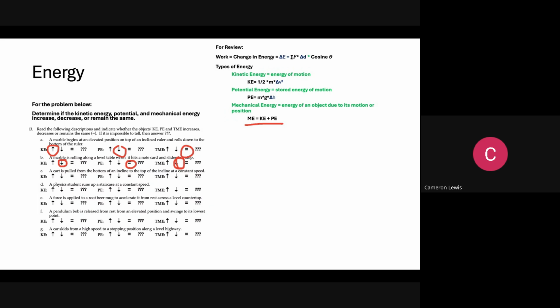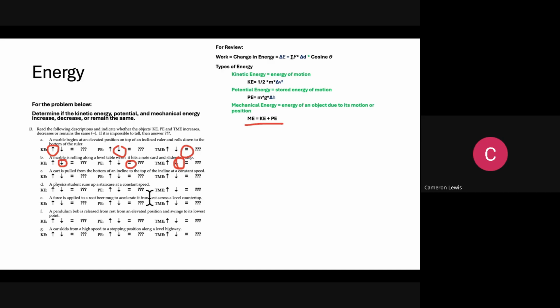So we got a cart. It's pulled from the bottom of an incline to the top of an incline at constant speed, right? So it's at the bottom of the incline, and then it's pulled to the top. First of all, it's at the bottom and it's pulled, so it's moving, right? Is the cart moving?